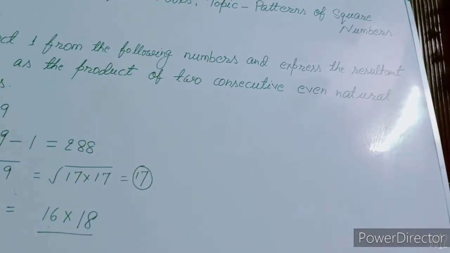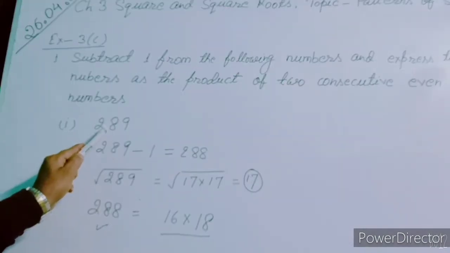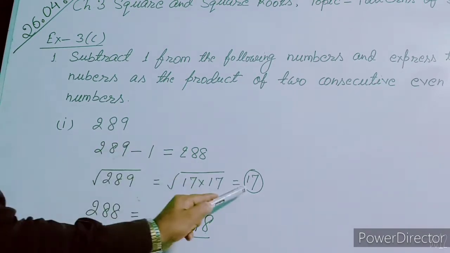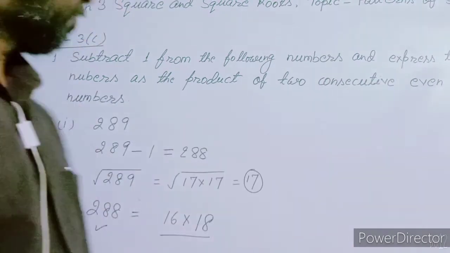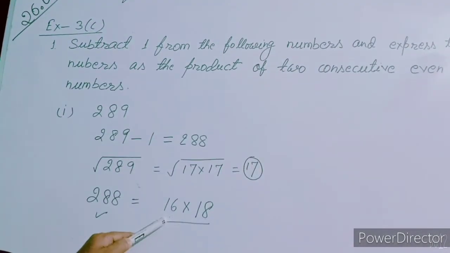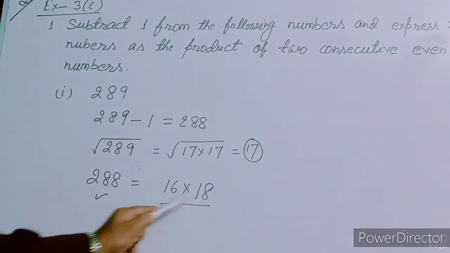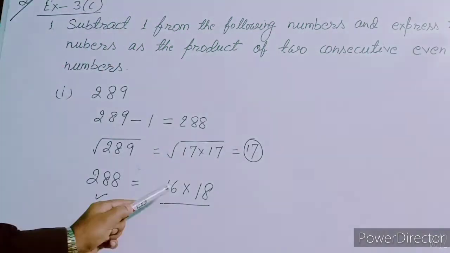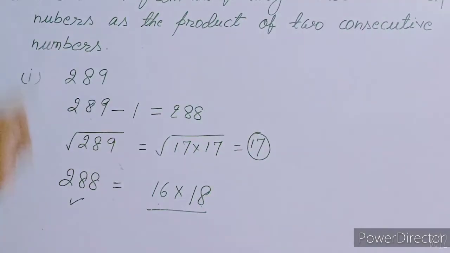Those two consecutive even natural numbers will come from the square root of 289, that is 17. So they will be the predecessor of 17, that is 16, and the successor of 17, that is 18. If we multiply these two, we will get 288.